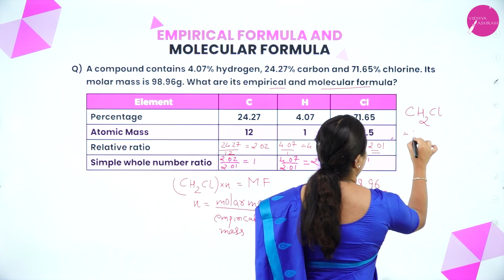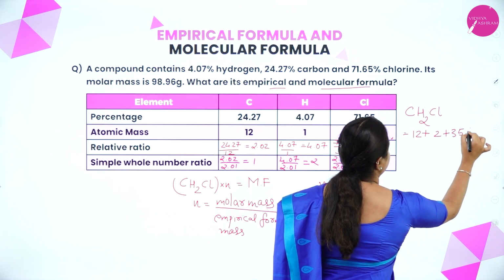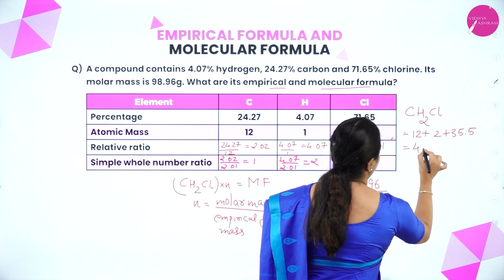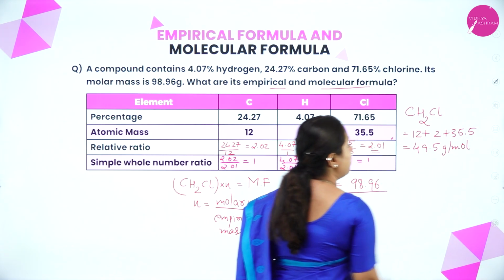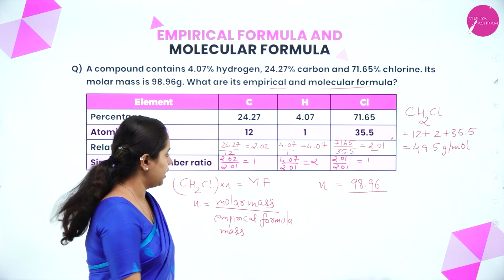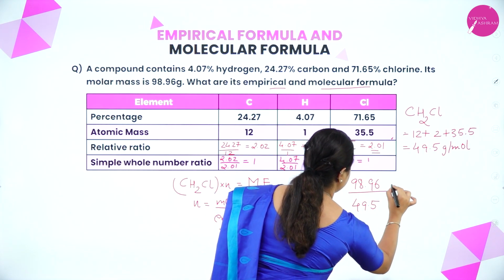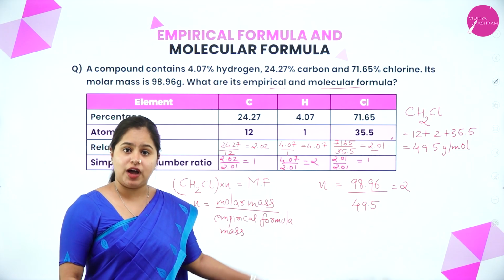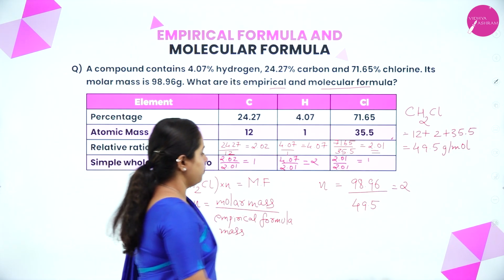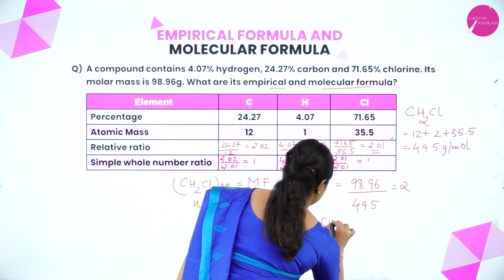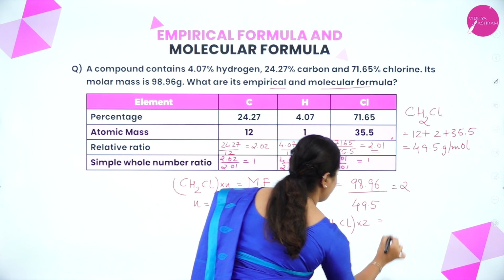The atomic mass of carbon is 12, hydrogen is 2 and chlorine is 35.5, which will give you 49.5 gram per mole. So this will be your empirical formula mass, right? So you have to divide it by 49.5, which will give you 2. So the value with which you have to multiply your empirical formula is 2. So the empirical formula CH2Cl multiplied by 2 will give you your molecular formula.